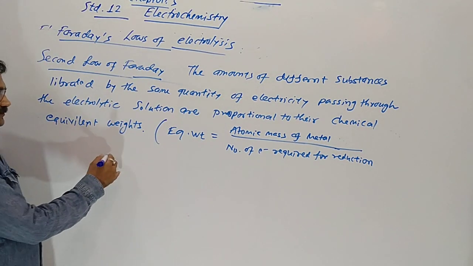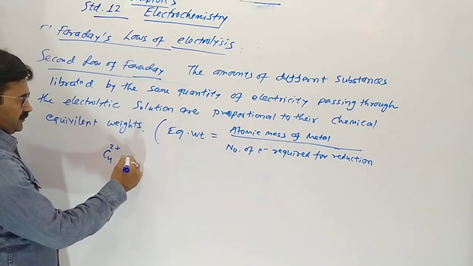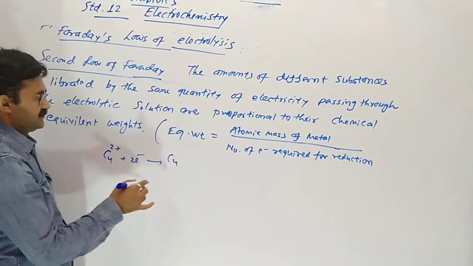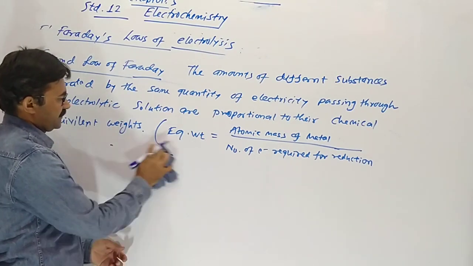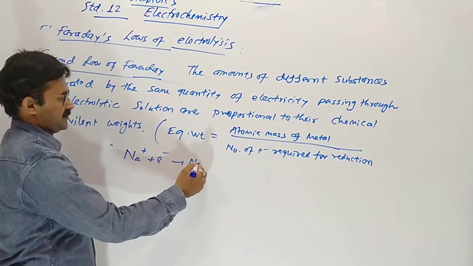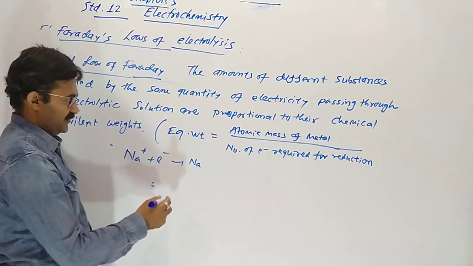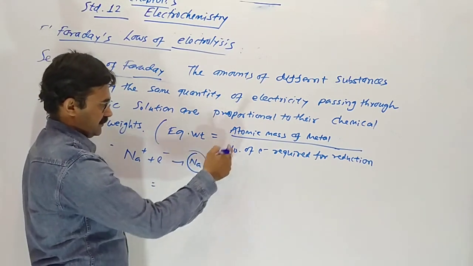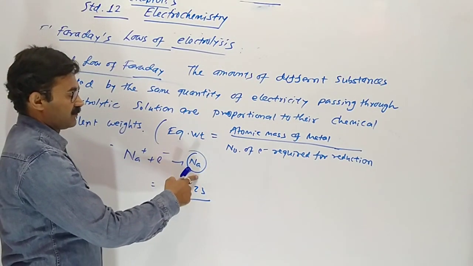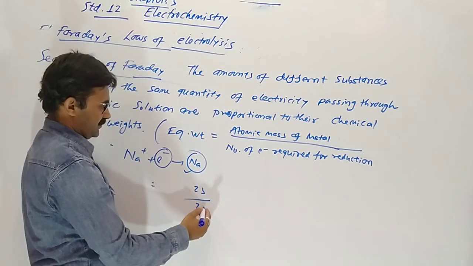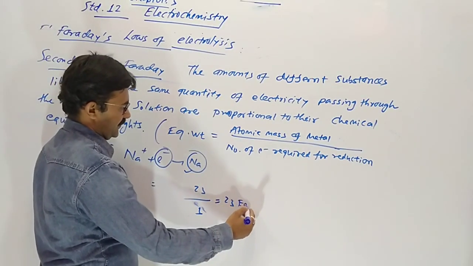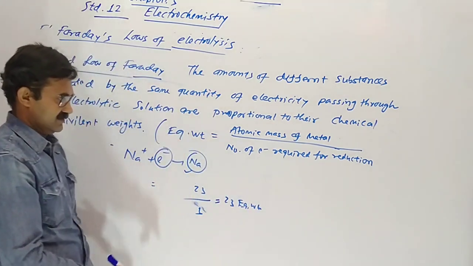Now listen, Cu2 plus 2 electron gives us Cu. I am giving you first a simple example. Na plus electron gives sodium. So here atomic mass of 1 mole sodium is 23. For getting 1 mole sodium, the electron needed is 1. So 23 is the equivalent mass.